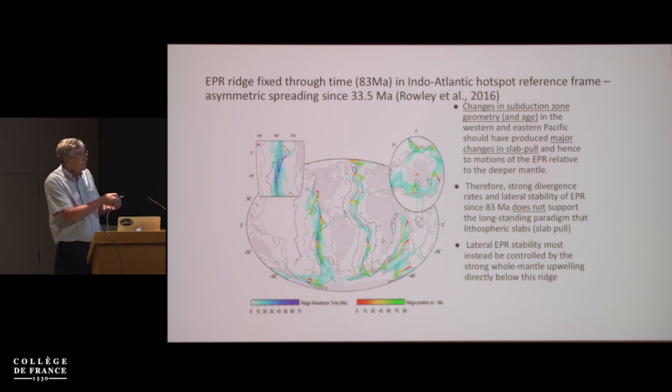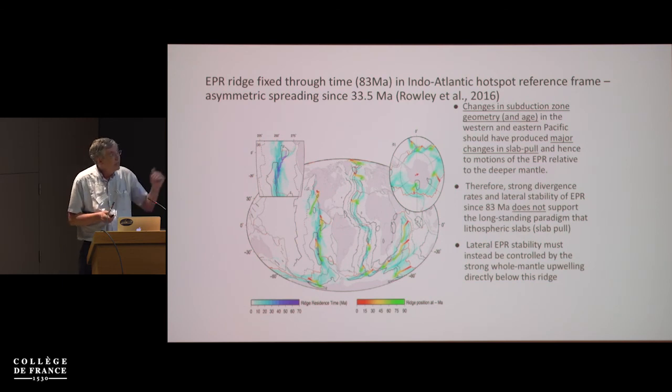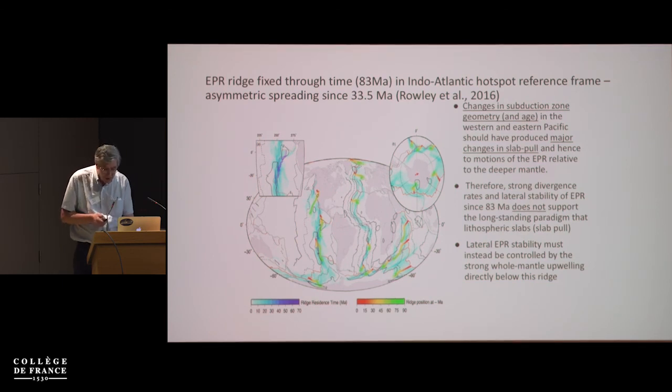And relative to other ridges, it's actually been pretty stationary, so always in the same location. So maybe that part of the spreading center, it's a different kind of view of plate tectonics, not being controlled just by subduction, but this upwelling underneath the East Pacific Rise being kind of important. So anyway, that's just one little thing that you can find from these kinds of models.